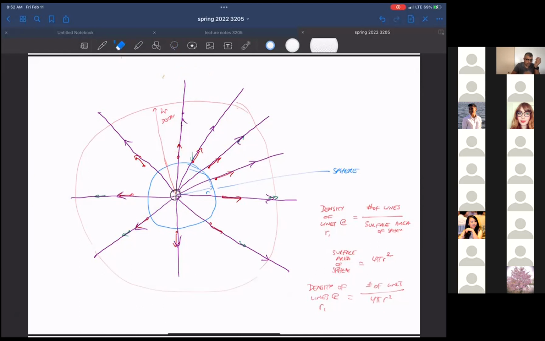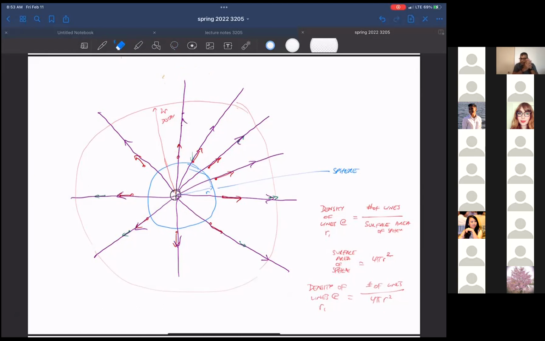All right. So what else do I want to say? Again, where the E field is more dense, there are more lines. And you can do this any way you want.